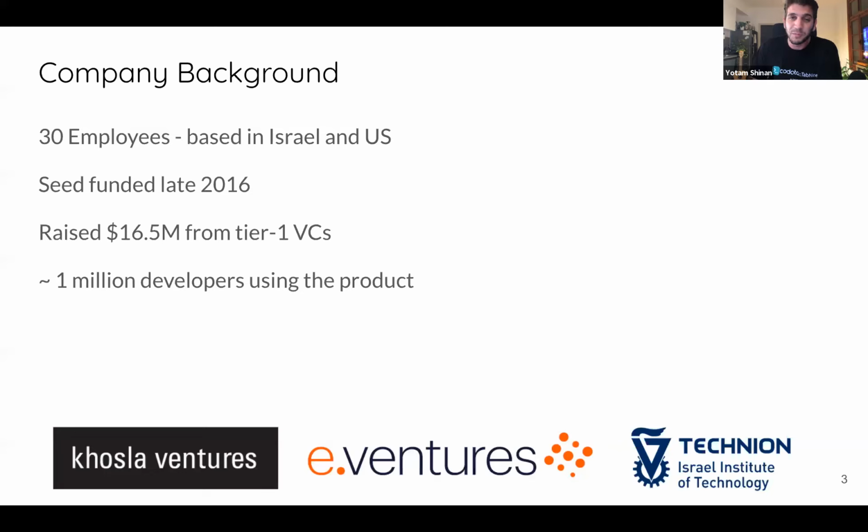We plan on being the biggest eventually. Our main vision is that in a few years from now, every developer on planet Earth will use our plugins in their code writing process.